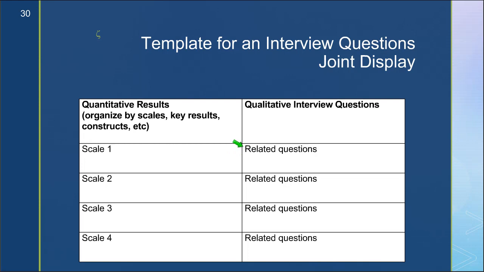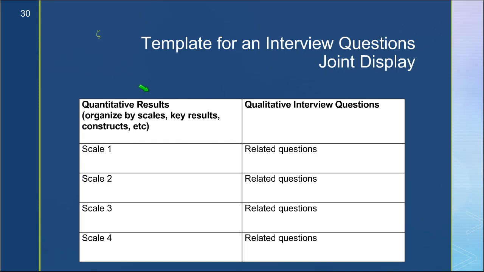So here's a time where we could write actual questions that we're going to use on an interview protocol, a focus group protocol, observational protocol, whatever the case might be. But by doing this, we're being systematic so that we're really trying to explain and expand on the results that we really want to focus on. So that's why I encourage this type of joint display.